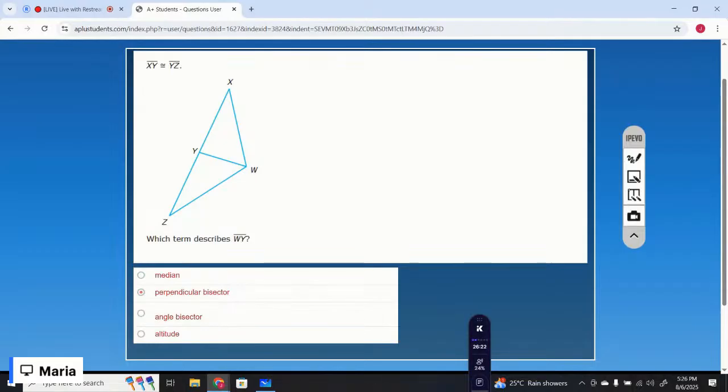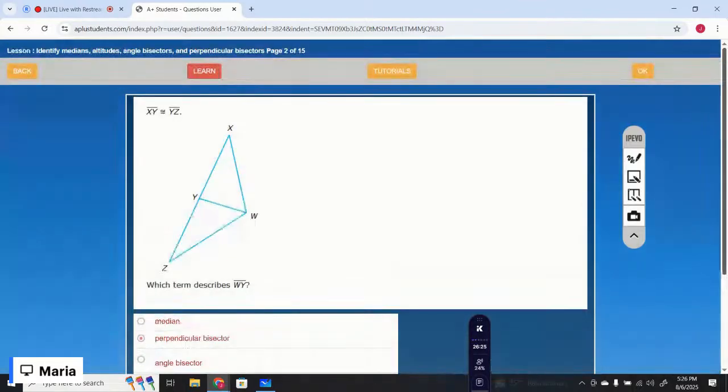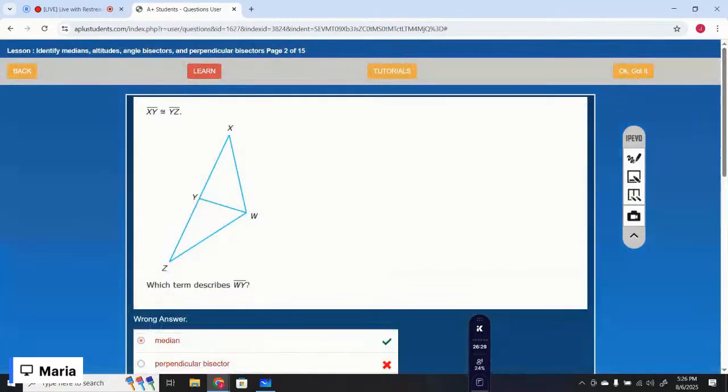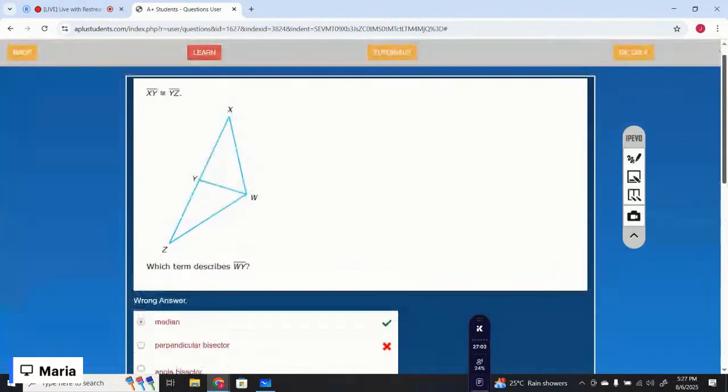So it would be a perpendicular bisector. Median, because that divides the line XZ into exactly two halves.